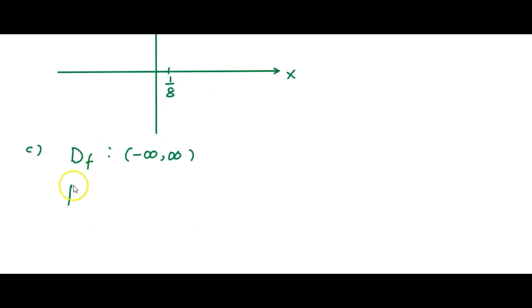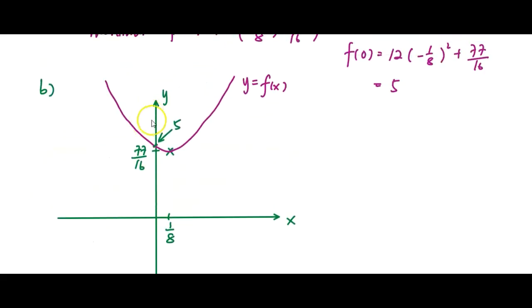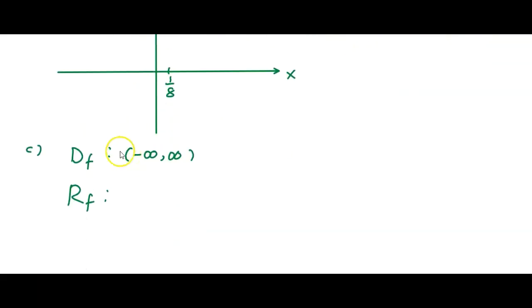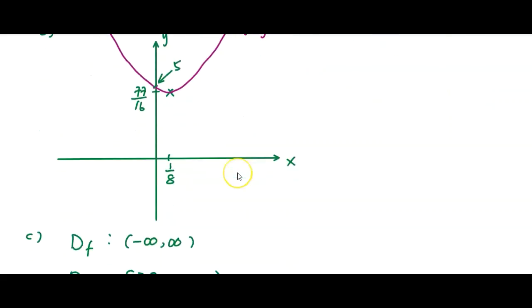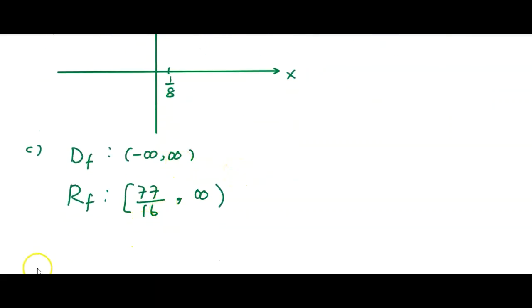And then for the range we will look at the lowest point. The lowest point of the graph is 77/16. So our range will start from 77/16 and go up to infinity, because the graph just keeps on going up like that. You can put arrowheads to show that the graph is going up non-stop. So this is our domain and the range.